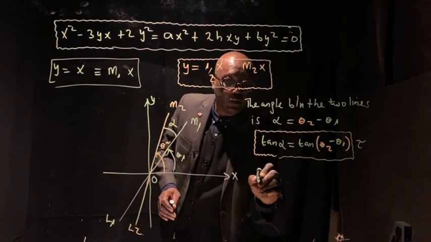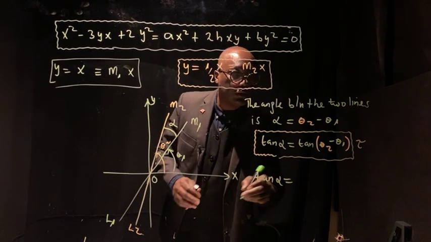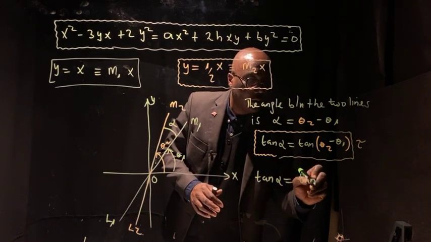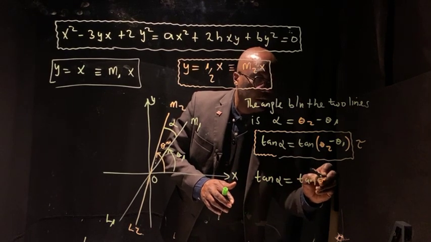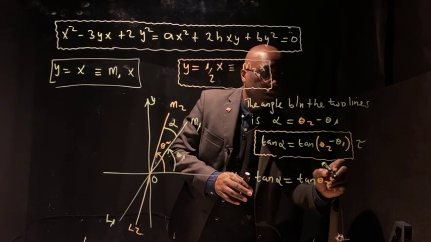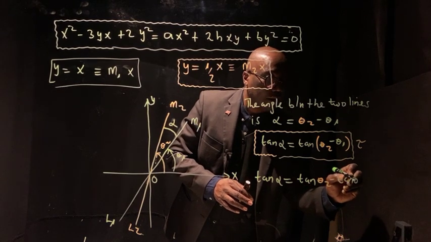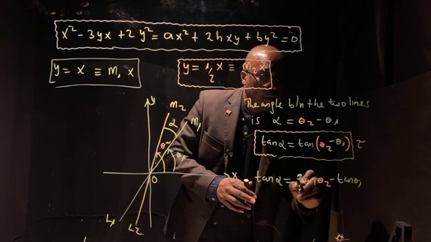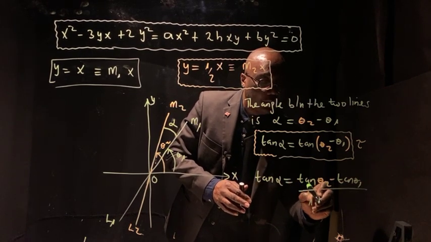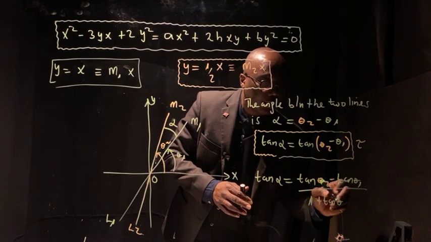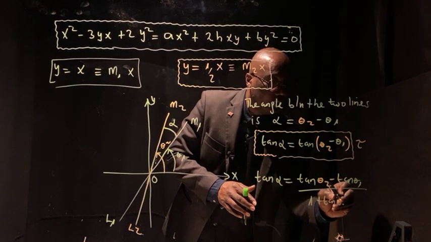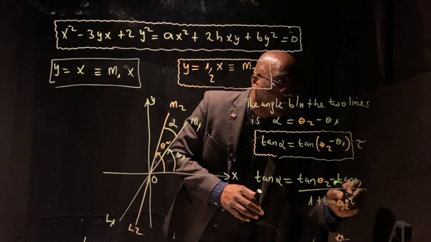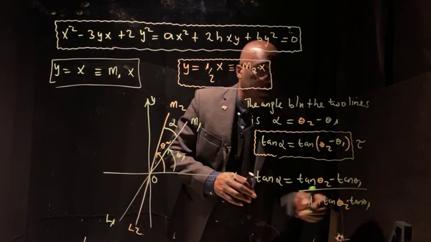So we have tan alpha is equal to tan theta 2 minus tan theta 1 over 1 plus tan theta 2 times tan theta 1.